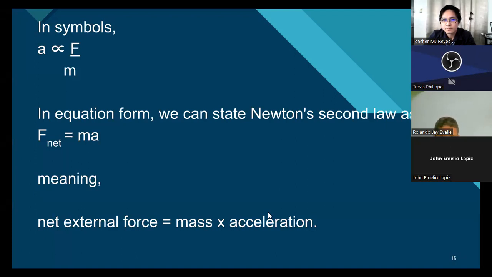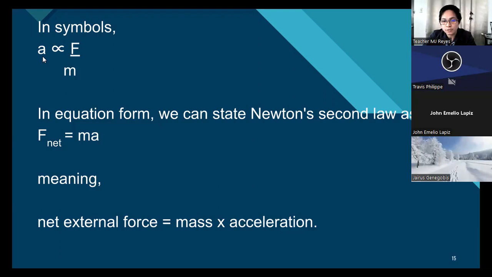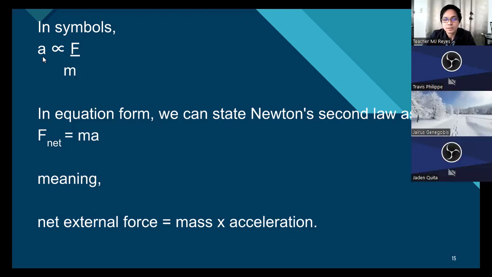As you can observe in the symbol, acceleration is directly proportional to force, and inversely proportional to mass. Meaning to say that we can cross multiply, leaving mass times acceleration. Okay, that's the formula. Going back to the problem.